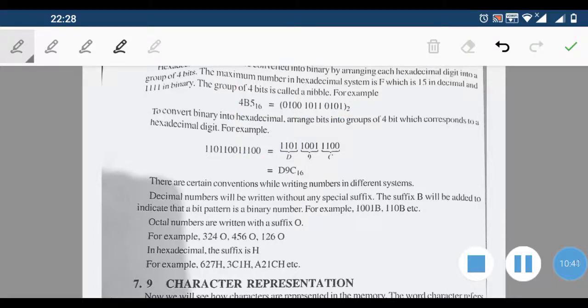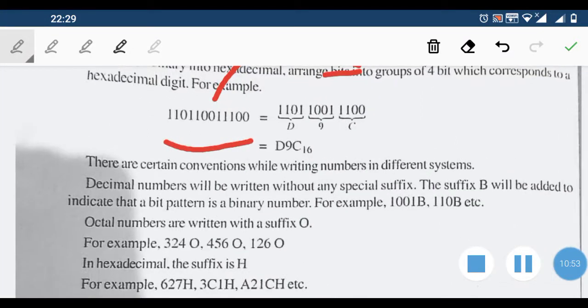Now suppose you are provided with a binary number, and you want to convert that binary into its hexadecimal number. First of all, you have to group the number into 4-bit groups.